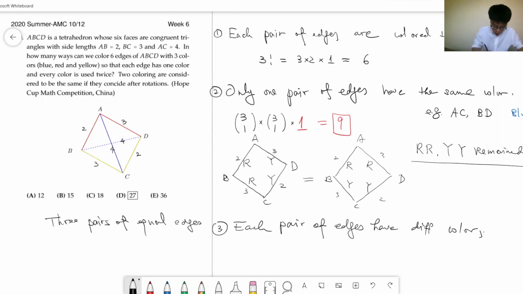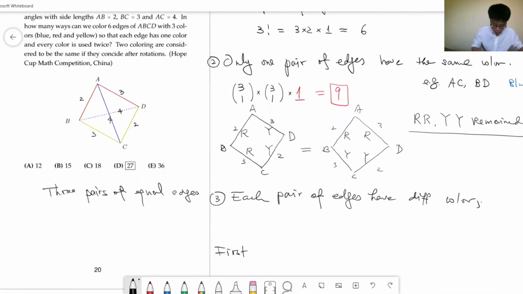Now let's first color. Let's choose one pair and color this first. First color the pair, say AC, BD, for example. And they have two different colors, right?